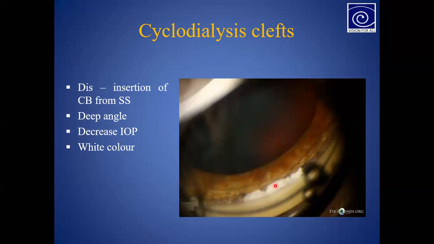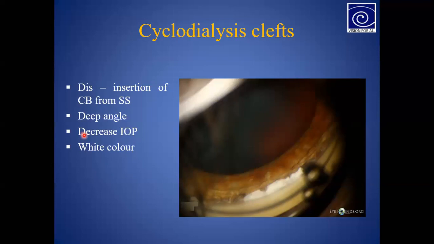So if you are seeing anything similar to these structures, then that will be called a cyclodialysis cleft. This is actually a very vast topic, but you can simply understand it by seeing this picture. In case of a cyclodialysis cleft, you will find decreased IOP.